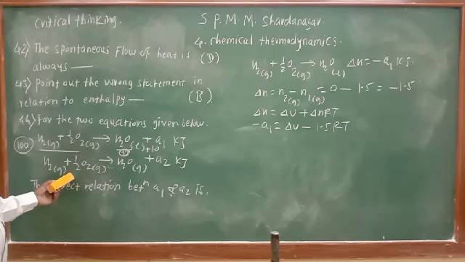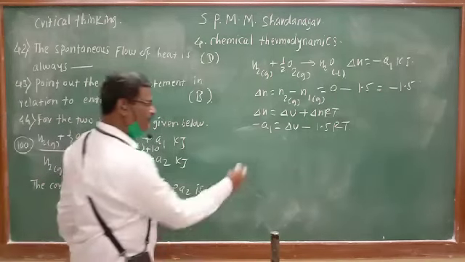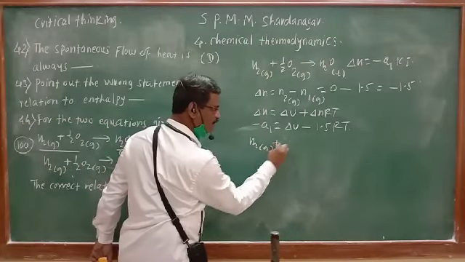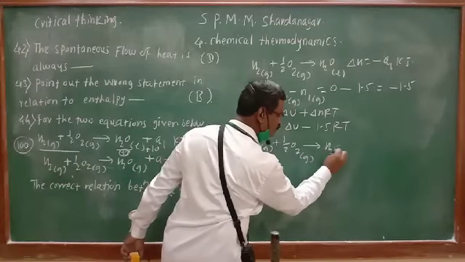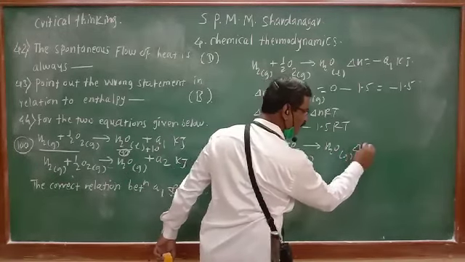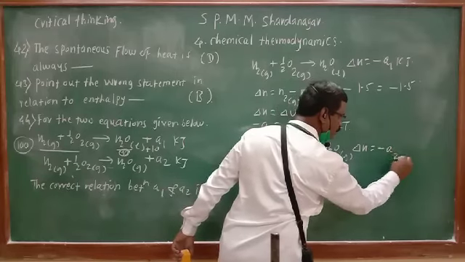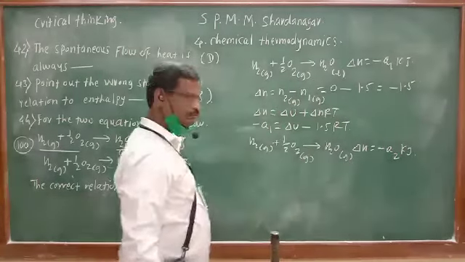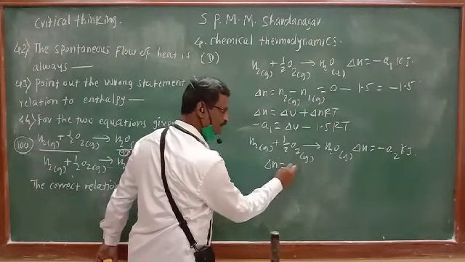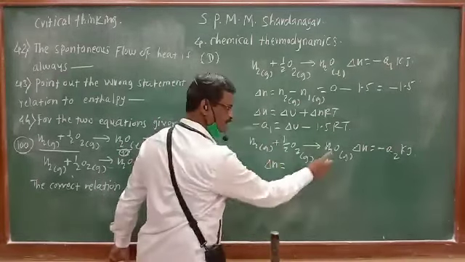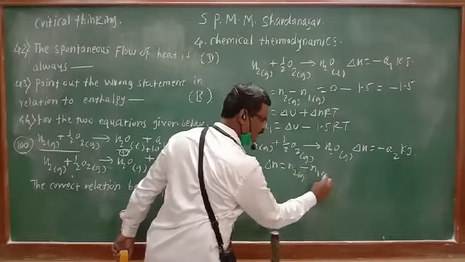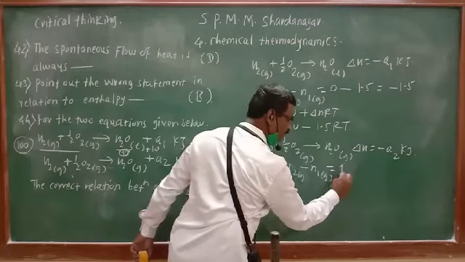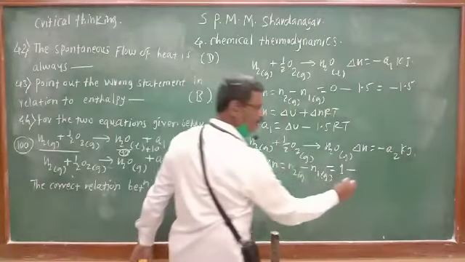For the second reaction, what is the type of relation that we have to find out? H2 gas plus half O2 gas giving H2O gas, and delta H is equal to minus A2 kilojoule. For this reaction, delta n, n2 gas minus n1 gas. n2 gas is 1 minus n1 gas is 1.5.